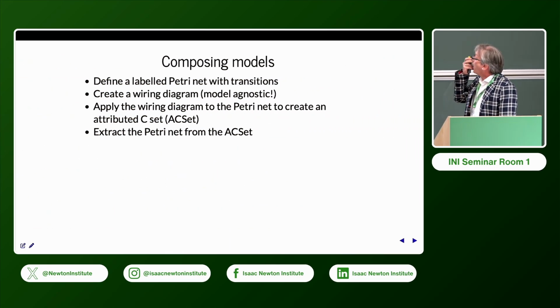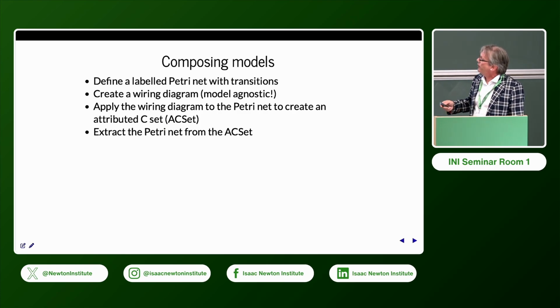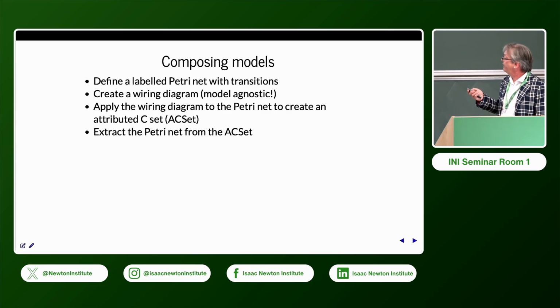So how we would go about composing models is that we first define one of those Petri nets, which we could just draw or we can write down. We create a wiring diagram, which I won't show you, but I'll give you some code for it. And then the wiring diagram guides how you build up a bigger Petri net, effectively, allowing us to add models together very easily.